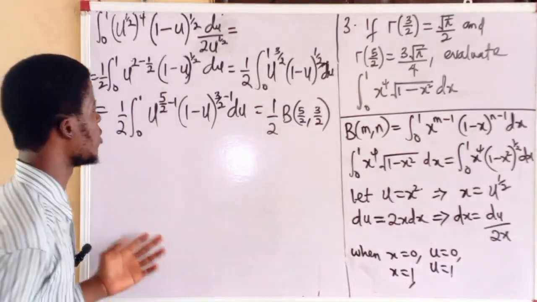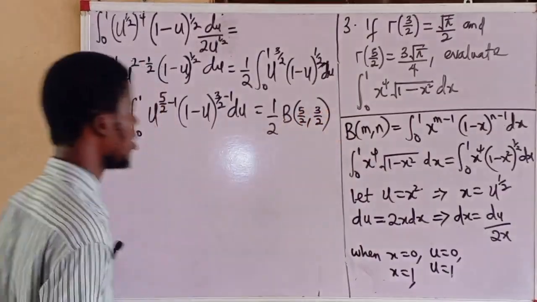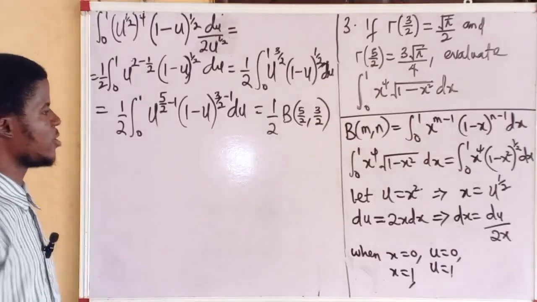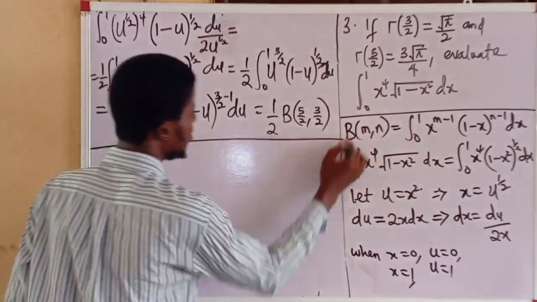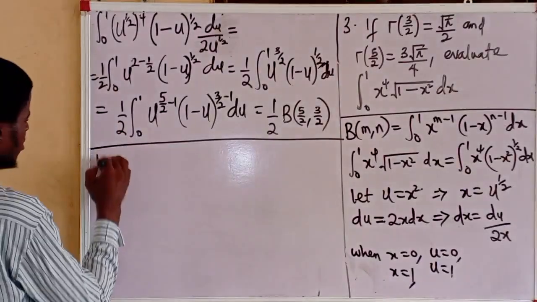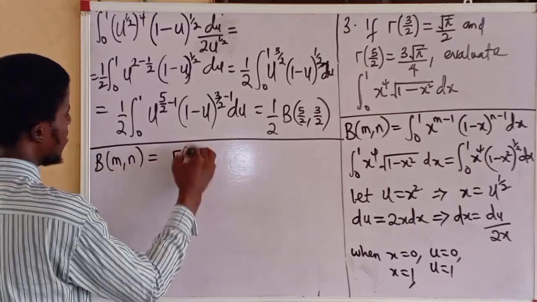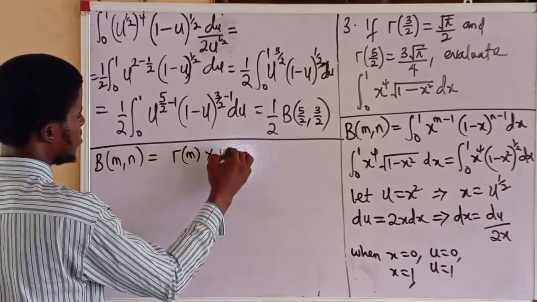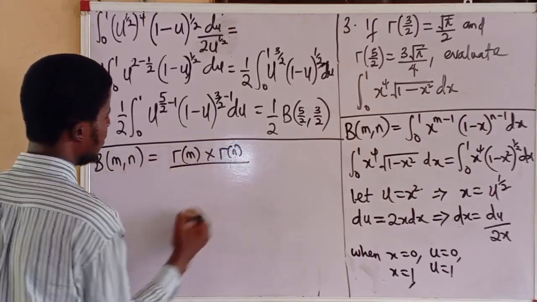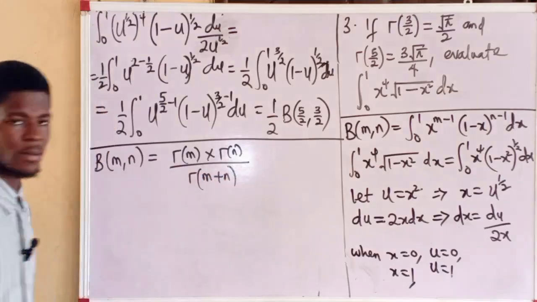So what we have to do now is to determine the value of beta of 5 over 2 and 3 over 2. Now, there is this connection between beta function and gamma function. This is it: the beta of m and n is equal to the gamma of m times the gamma of n, all divided by the gamma of the sum of m and n.